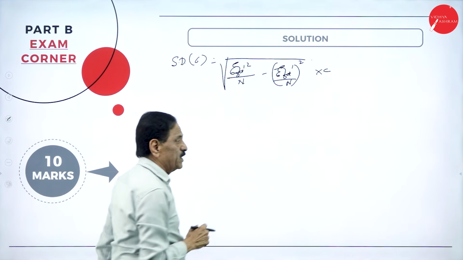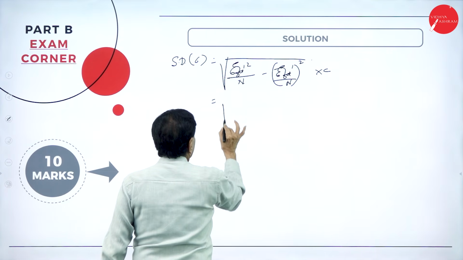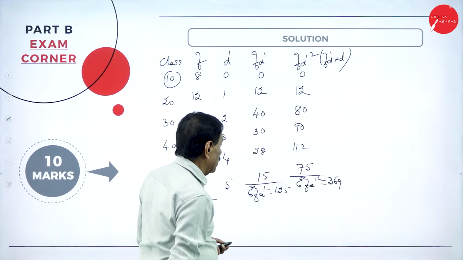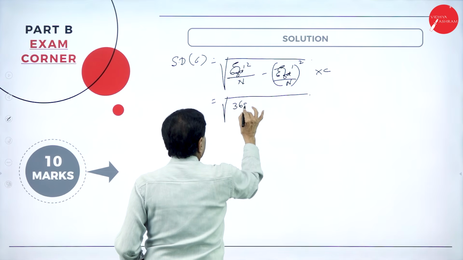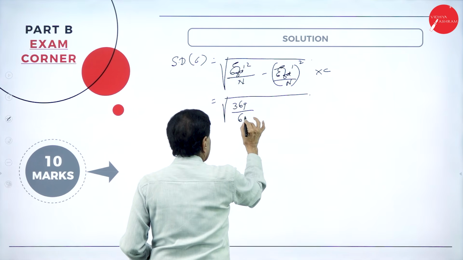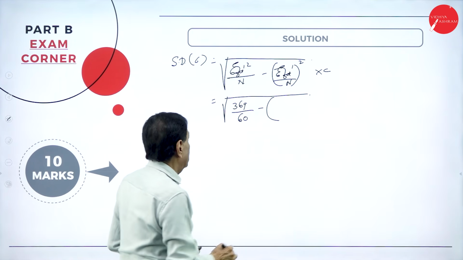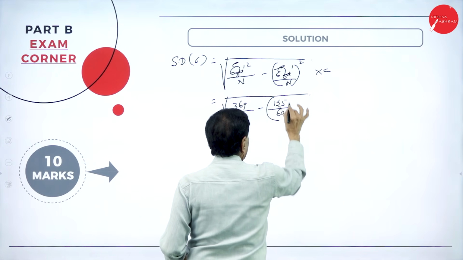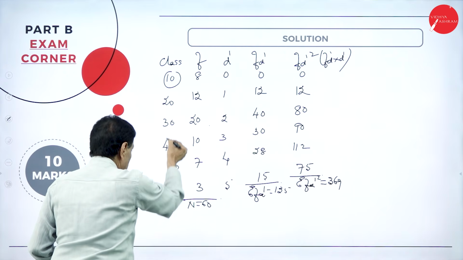C is called class interval, outside the root. It is equal to root of, what is sigma f t dash square? 369 divided by number of frequencies 60, minus, what is sigma f t dash? 125 divided by 60 whole square into c. See that exactly the difference is 10.